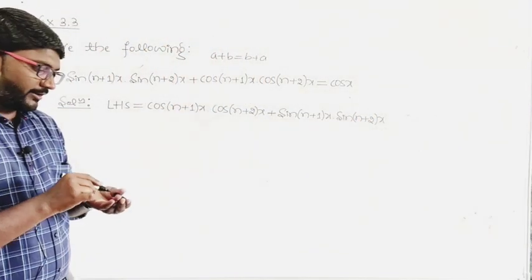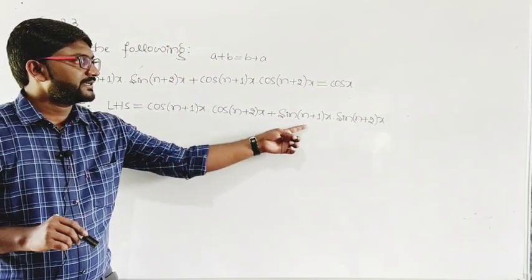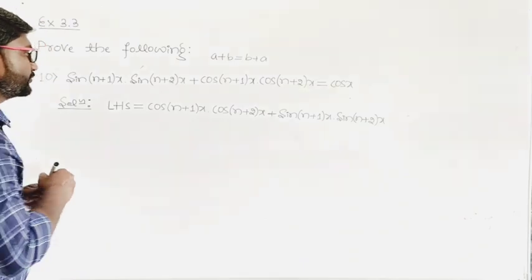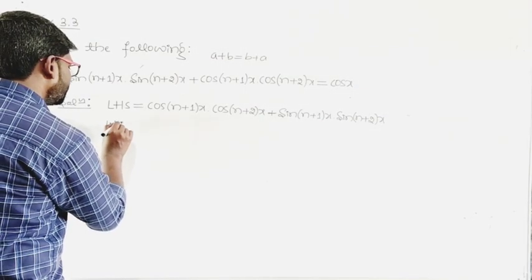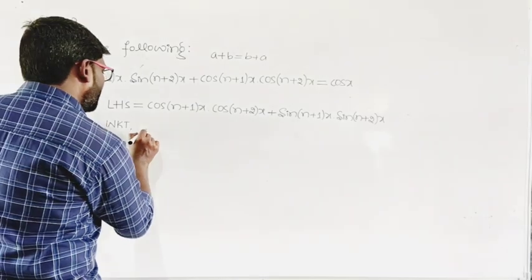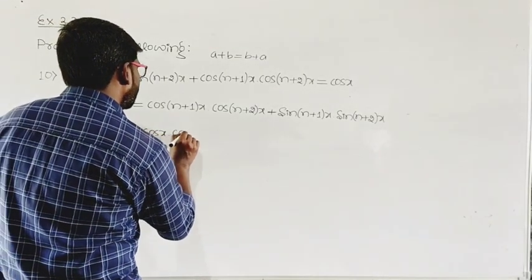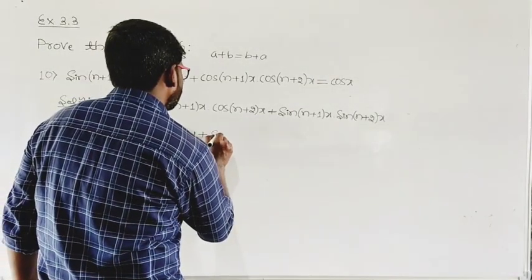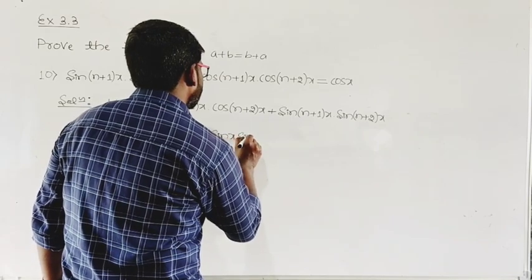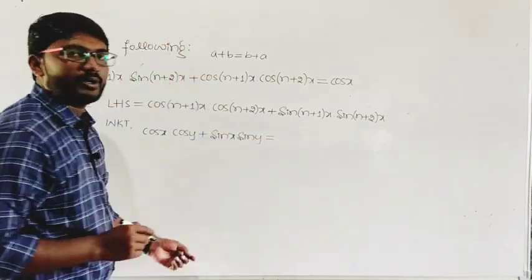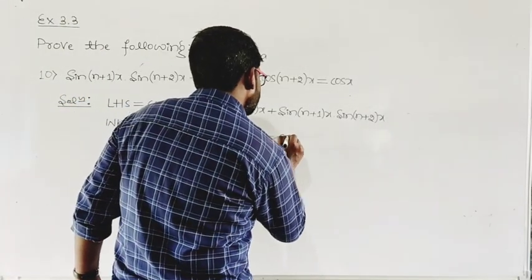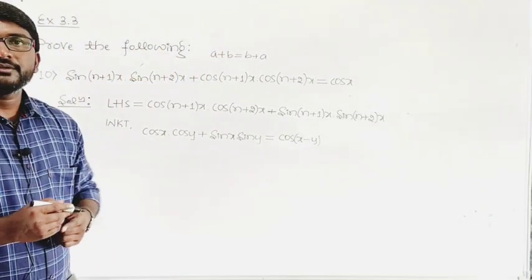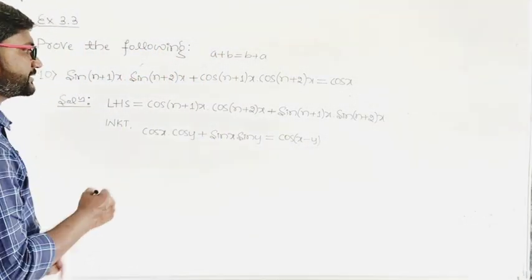Now this is in the form of cos x cos y plus sin x sin y. So here we know that cos x cos y plus sin x sin y is equal to cos(x − y). This is the standard known formula. So let us apply the cos(x − y) formula.